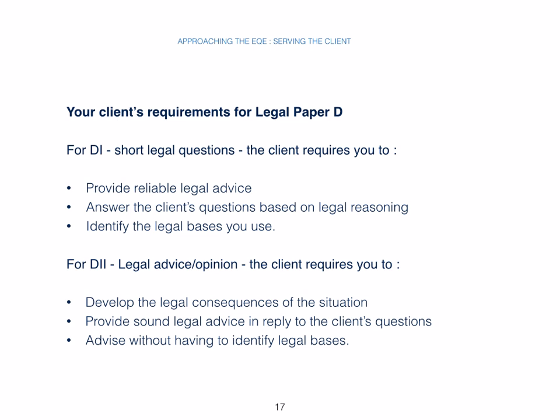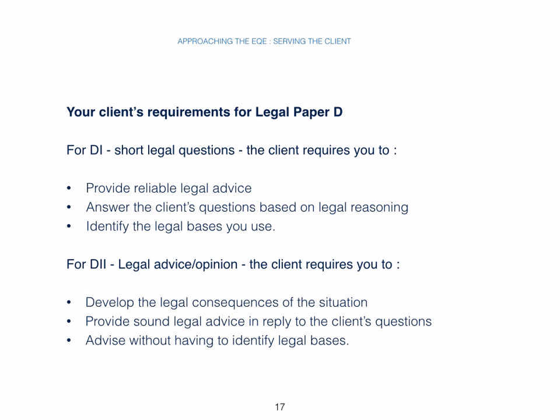Paper D is a single paper which is divided historically into two parts, D1 and D2. For D1, which are the short legal questions, the client requires you to provide reliable legal advice. That's the first requirement.